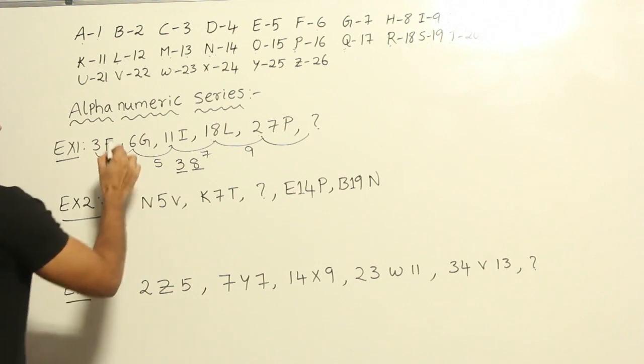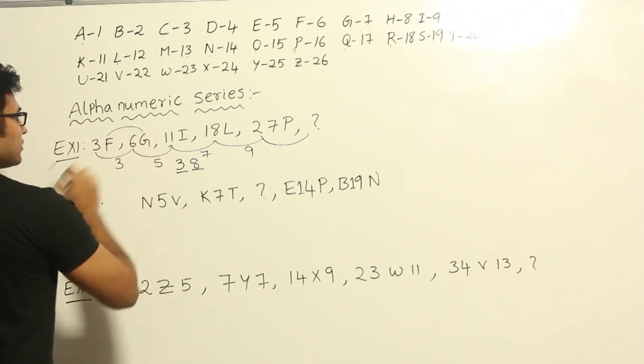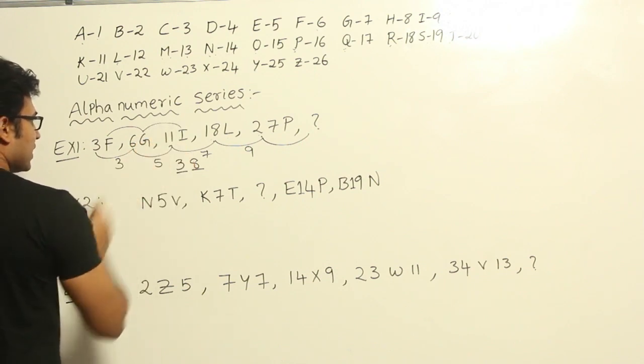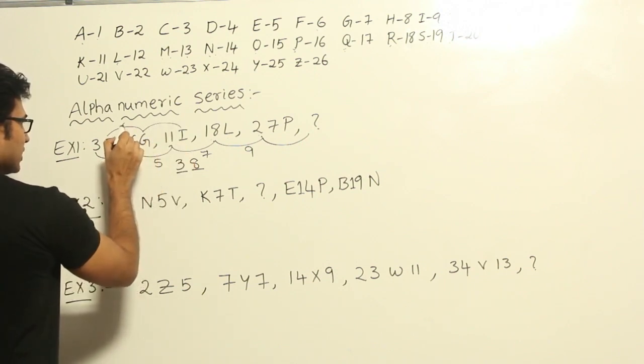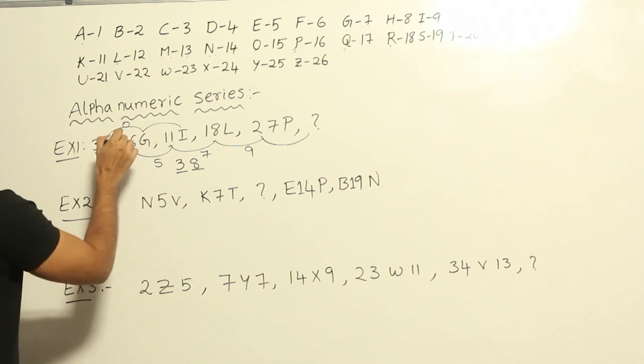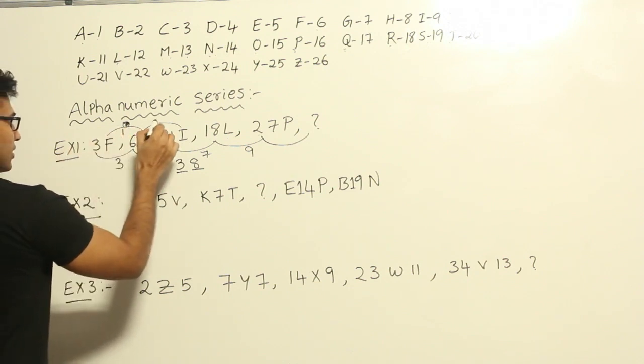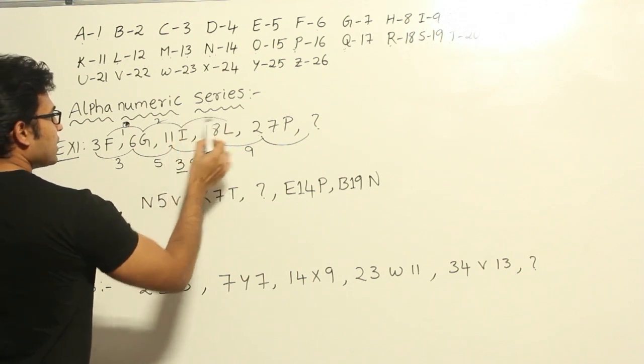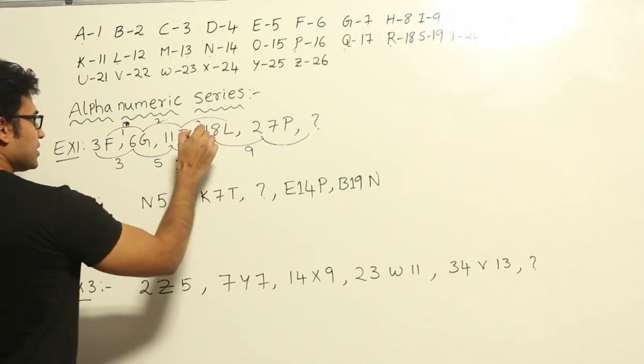And what about the other one? F, G, which means after F immediately G is there, but then H is missing and then I is there, which means initially 1 is incremented, and then the next one 2 is incremented. Then I, J, K are missing, which means 3 is incremented.